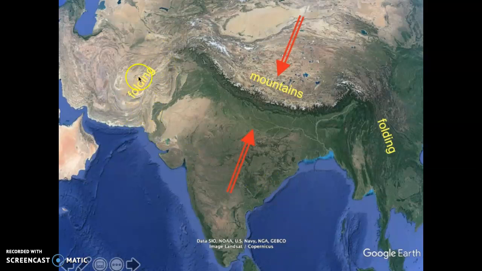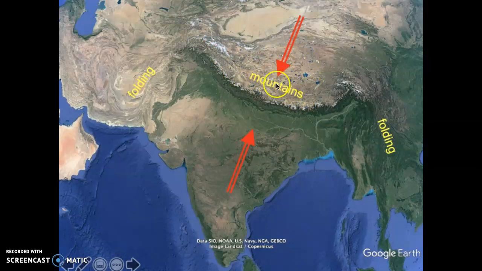You can see we have folding, pretty easy to see on the sides here on the left and on the right. And then right here in the middle, there is some intense folding, but this is currently the world's tallest mountain range as India continues to push into the south side of Asia, and that's the Himalayas right there.